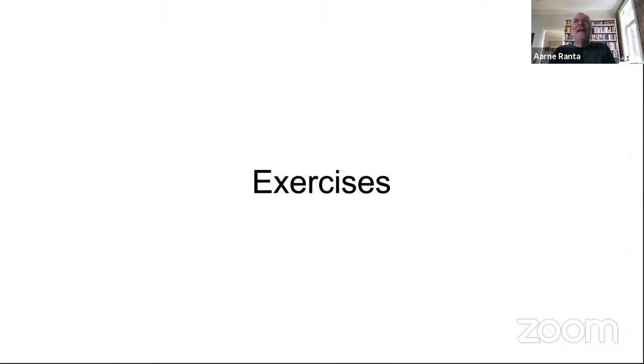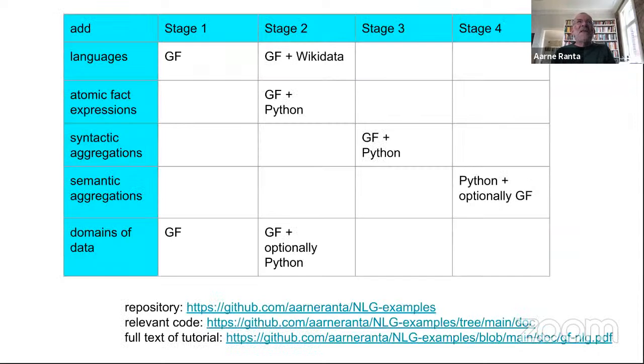So I promised to end with some exercises, and here are some possible things which you could try out. You find the code in this repository, which is very experimental, but at least the code that I have shown here is there. There's also a full text of the tutorial, which also tries to introduce all the GF that you need.